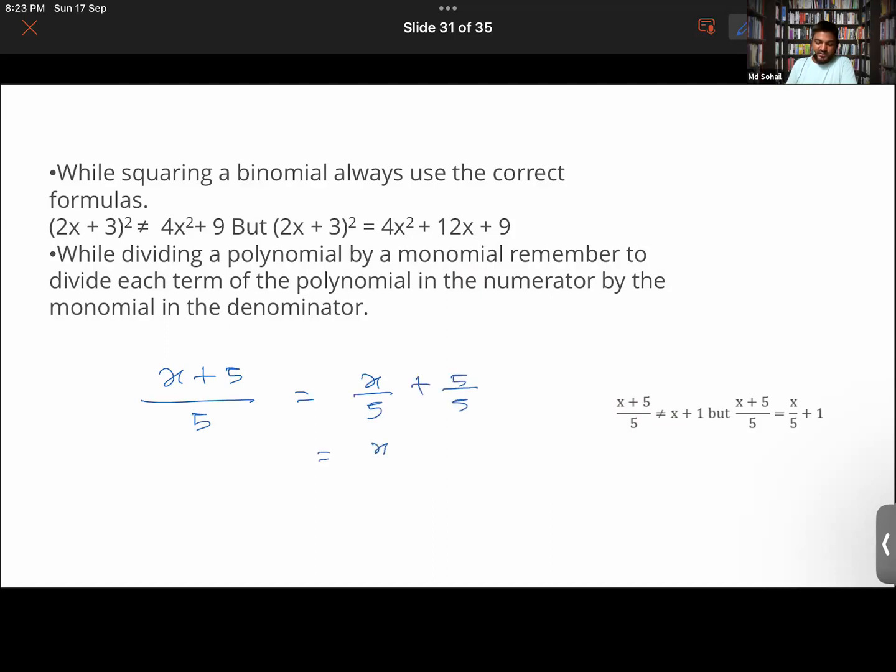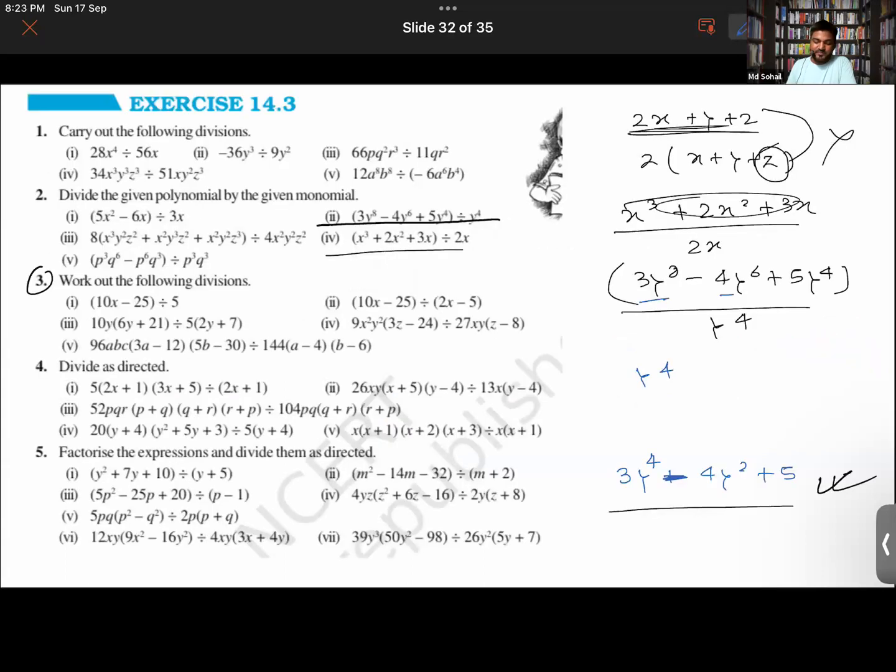So this is x upon 5 plus 1, not x plus 1. It's not like this, x plus 5 upon 5 is x plus 1. That is wrong here. So these things are basics. In fact, these things need not be mentioned if your maths is good, but many times people make mistakes.